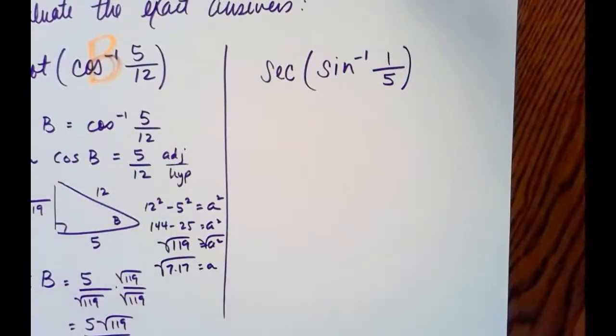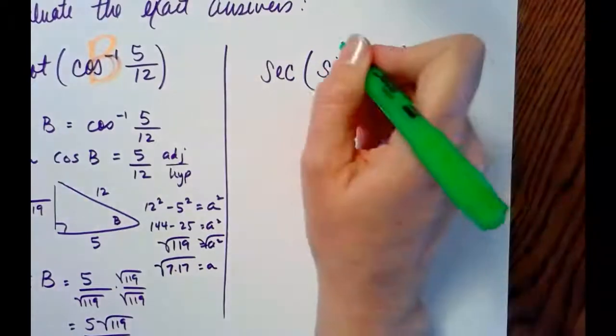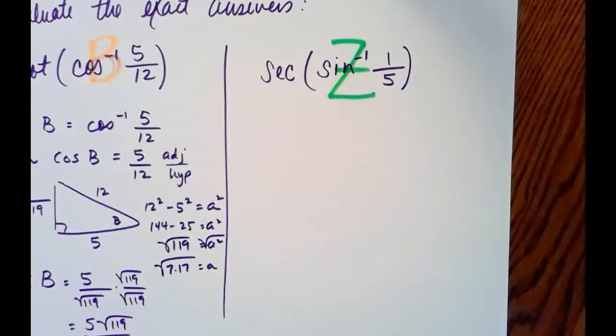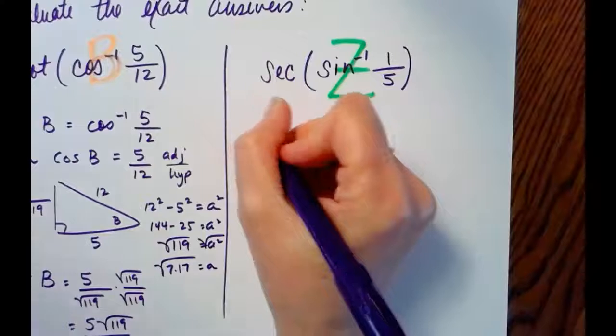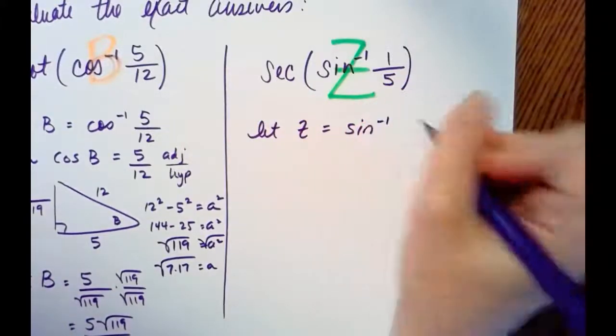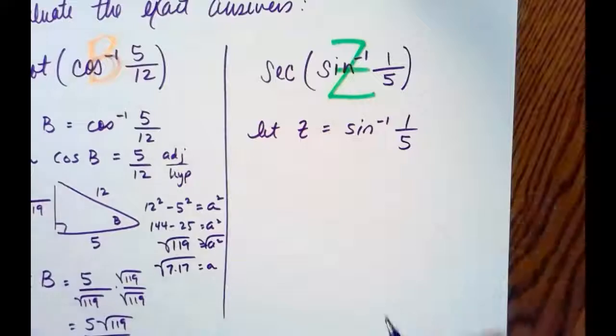Let's do it again for the last problem in the video. So, once again, we're going to introduce a variable. So we are going to let all of this quantity be known as z. Let z equal sine inverse of 1/5.